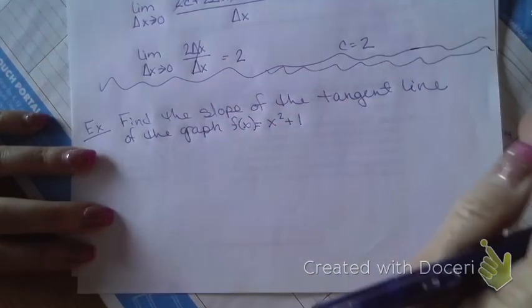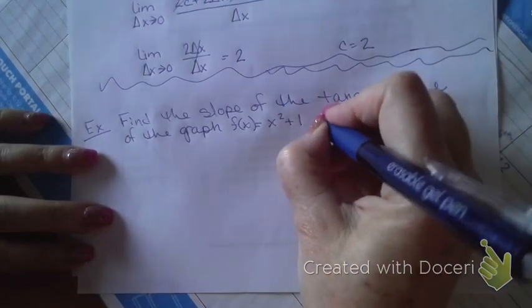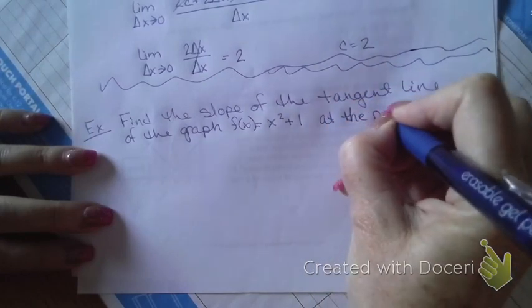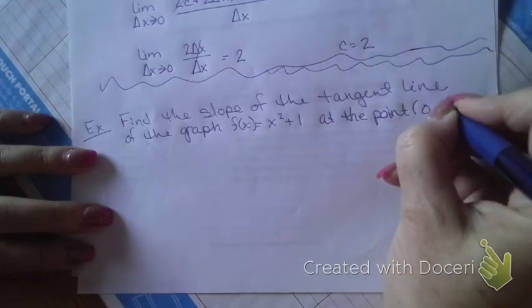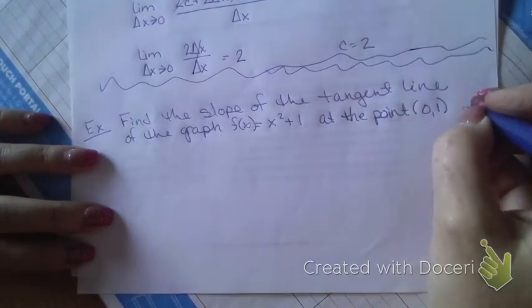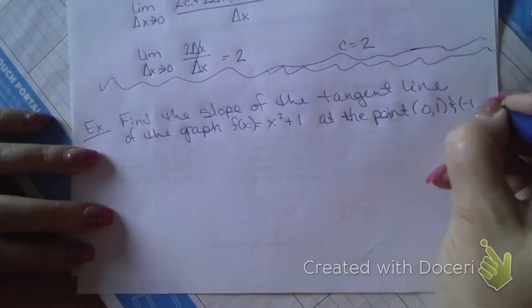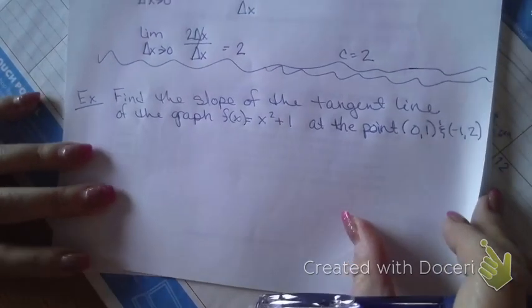Not linear, right? Okay? At the points (0, 1) and (negative 1, 2). So you guys need to look at this formula.